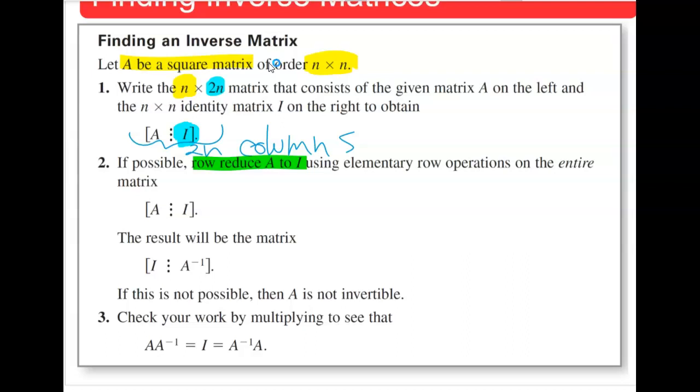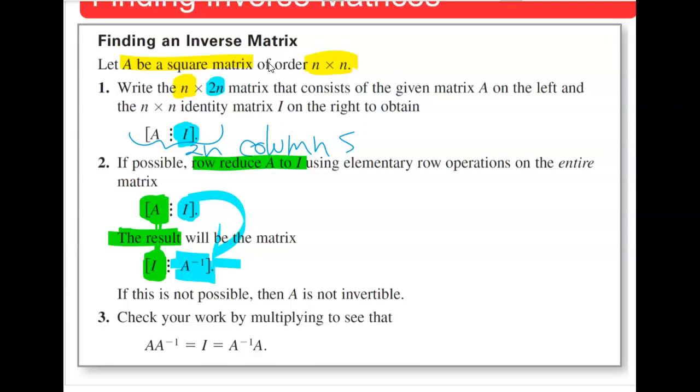So we make this A result into the identity, and what happens is that the right side, after applying the row operations, will result into the inverse of matrix A, just like we did on our previous example.